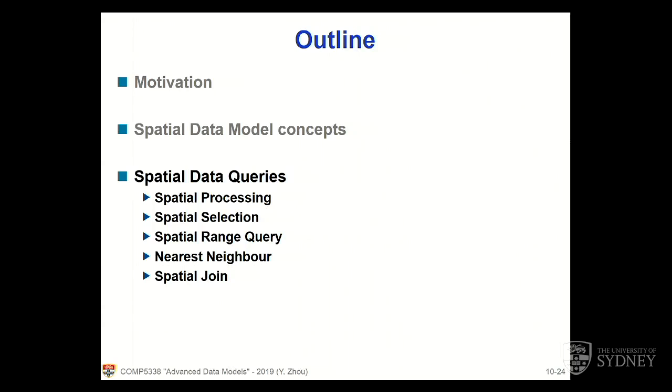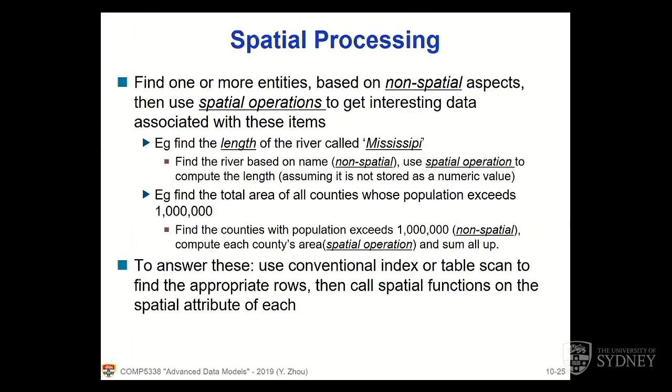Now let's see if we store data in a database, what sort of queries we can run. Okay, so one type is called spatial processing, and this one doesn't really involve queries. It's more like processing.